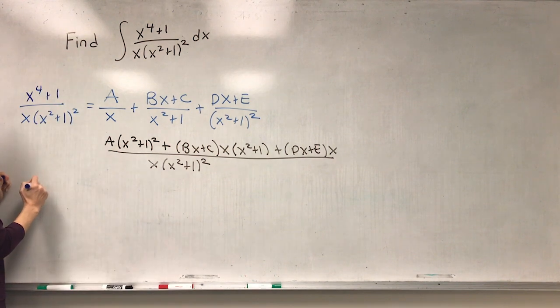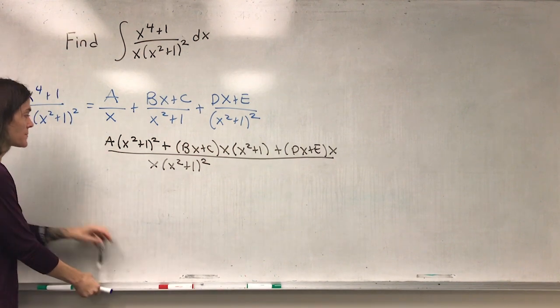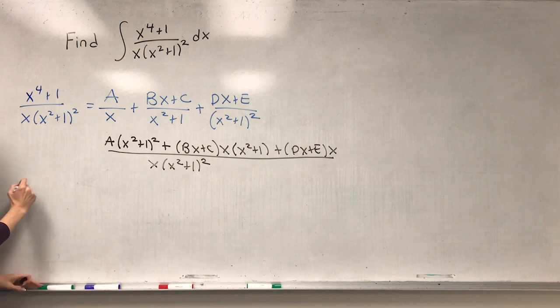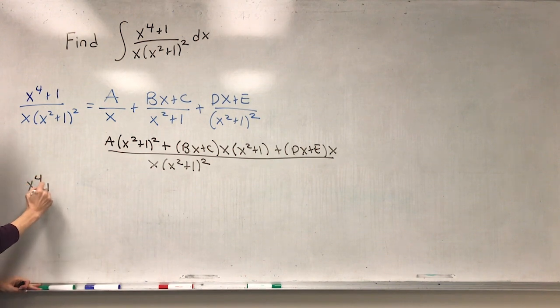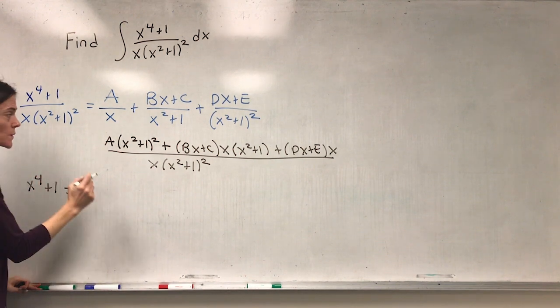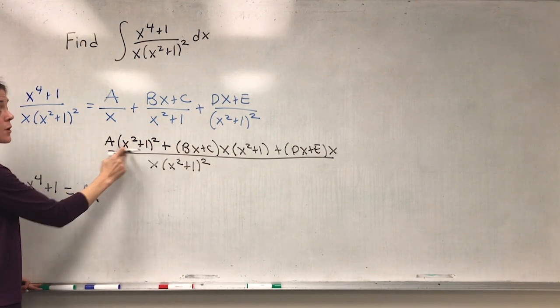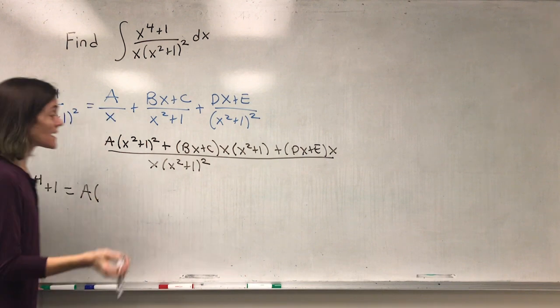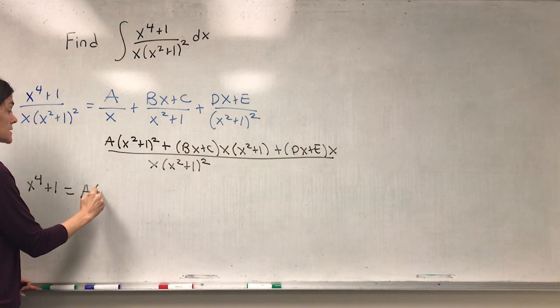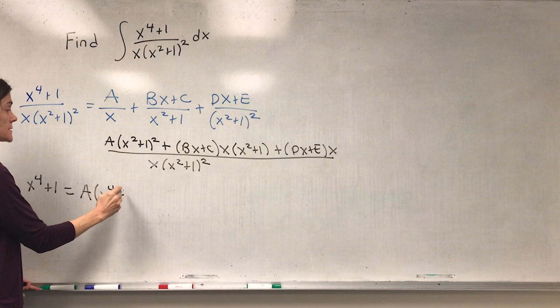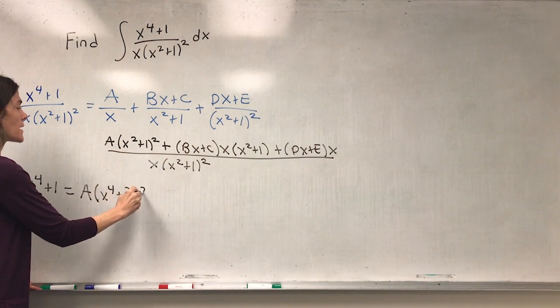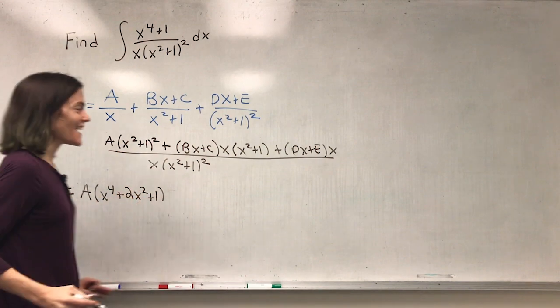So maybe I will continue with my black. I equate the numerators. This is x to the 4th plus 1. And this will equal, well, we have an A. Now if I multiply, I'm going to have to multiply all of this out. I have an x to the 4th plus 2x squared plus 1, okay?